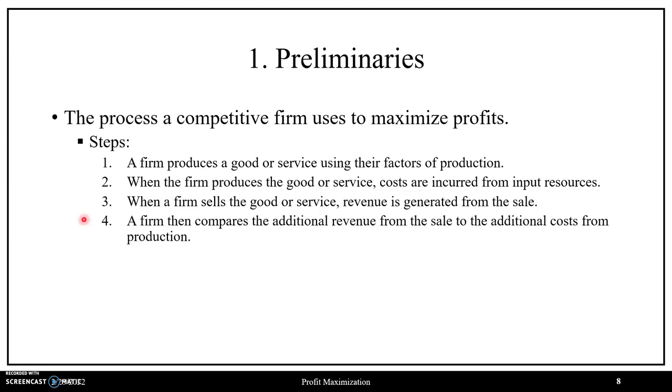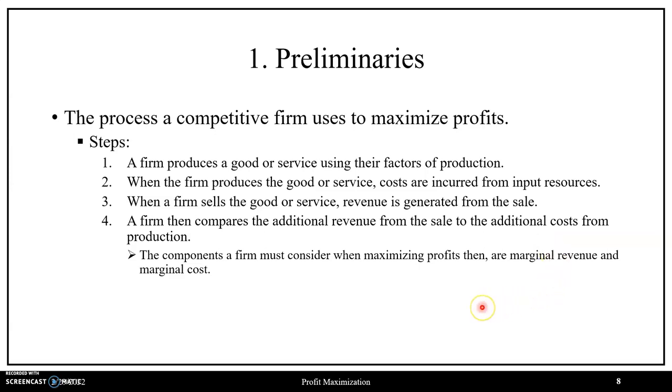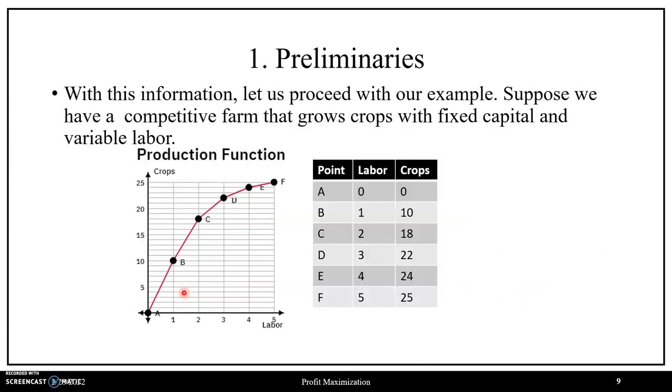And when the firm decides to produce an additional unit of a good or service, they will compare additional revenue to additional cost to see what their incentives are. That is, they will compare additional money flowing in versus additional money flowing out. Therefore, the items of interest to us in terms of profit maximization will be marginal revenue as well as marginal cost. So let us proceed with our example then.